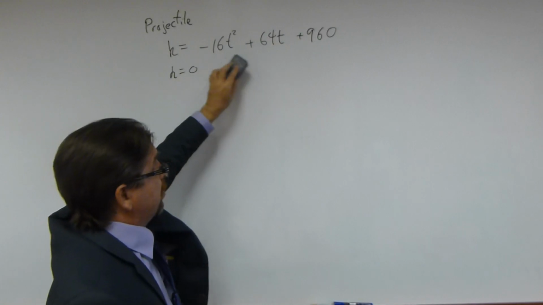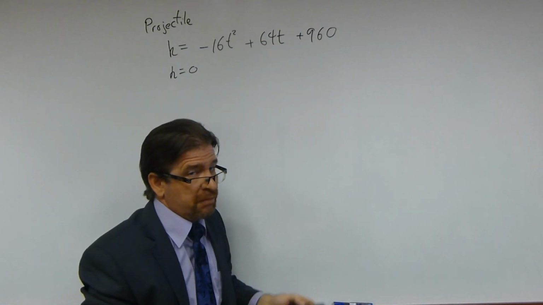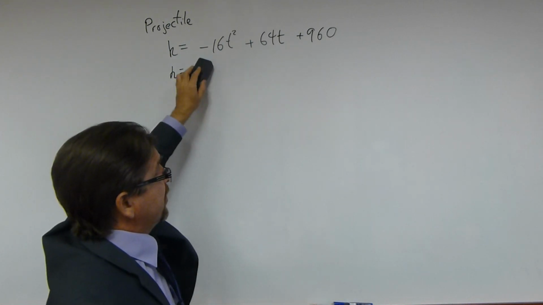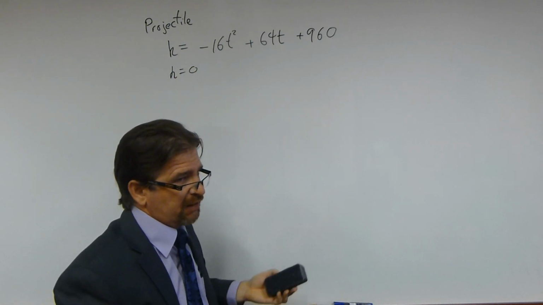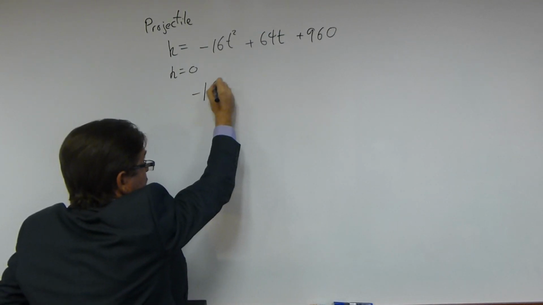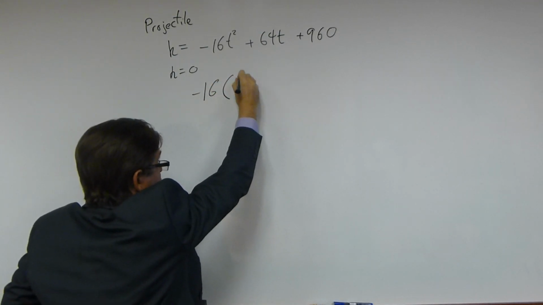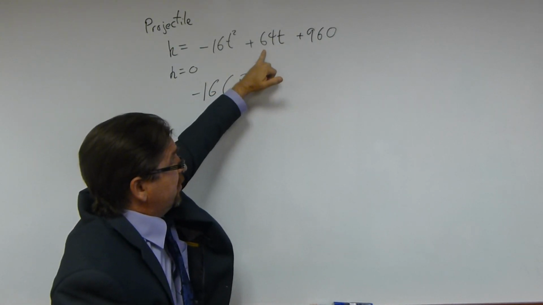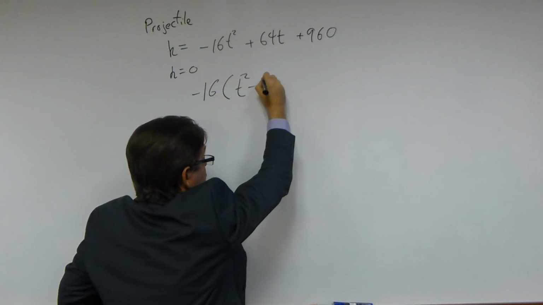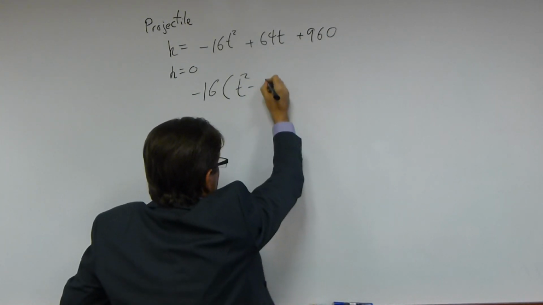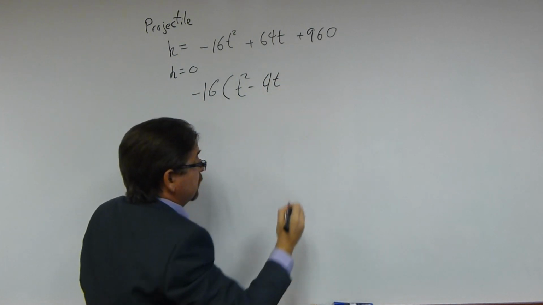So I'm going to look at these terms. I'm going to guess that I can factor 16 out of each of them. And just so we have this minus sign gone, I'm going to factor out a minus 16. So we have minus 16, and we're going to test this. Let's see, t squared, that works. 64, we can do that, minus 4t.